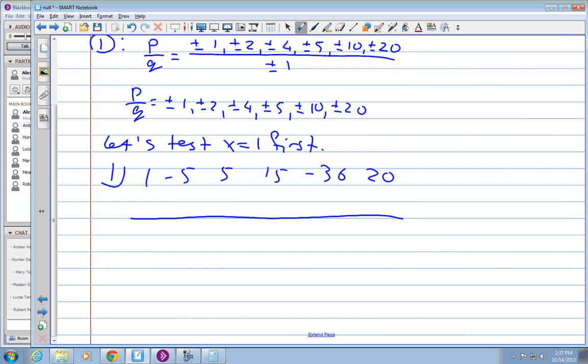So running synthetic division reduces the degree of our polynomial. So 1, 1 is 1, negative 4, 1, 16, negative 20, negative 20, 0. Right? So 1 works.